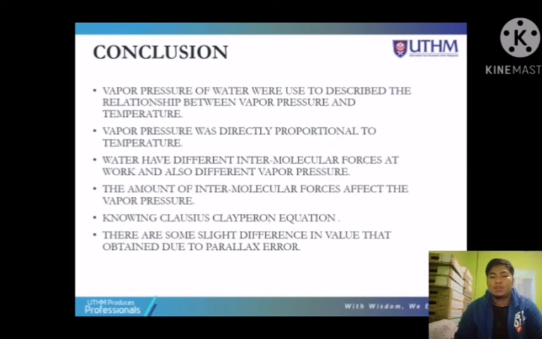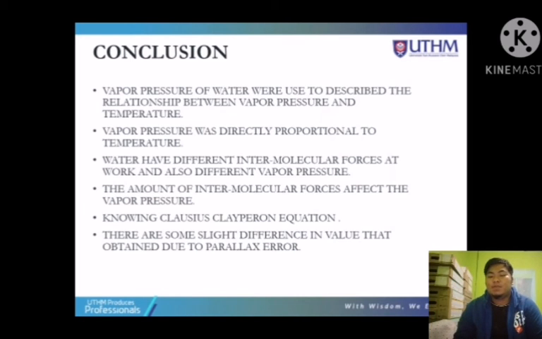For the conclusion, we can see that the vapor pressure of water was used to describe the relationship between vapor pressure and temperature. This is because vapor pressure is directly proportional to temperature. We can also see in this experiment that substances have different intermolecular forces at work and also different vapor pressures.